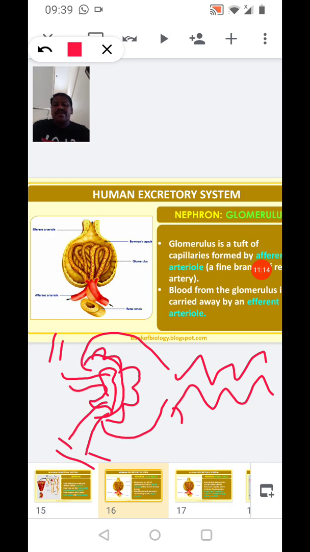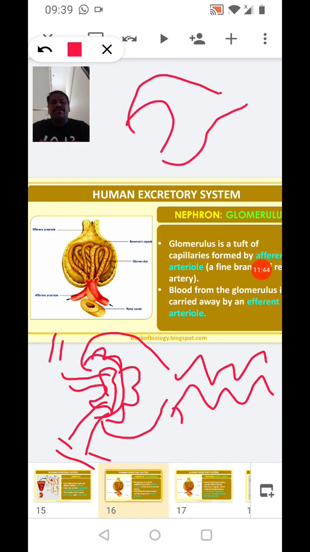And these podocytes are arranged in an intricate manner by leaving small pores among them. And these small pores are known as filtration slits or slit pores. You got it?